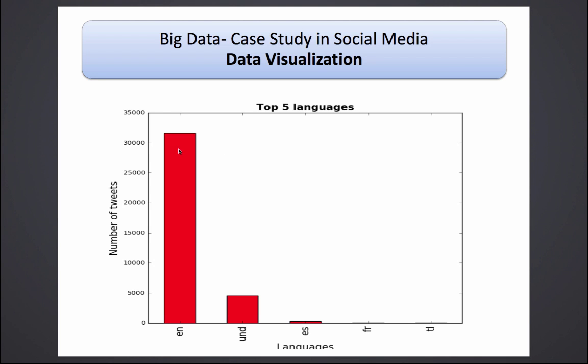I was able to capture almost close to 35,000 tweets, and from the language, it seems the top language that was tweeted in was English. And if the language was not mentioned in the tweet, or somehow it was not captured in the tweet, then it just comes in as undefined. And the next best was Spanish, and then there was French.